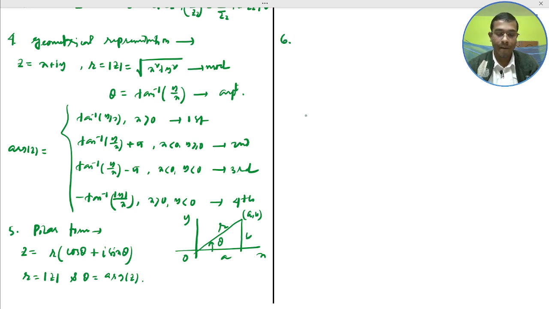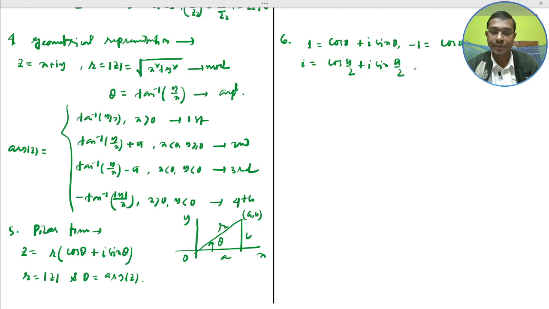So for 1, we just write cos 0 plus i sin 0, and for minus 1, cos pi plus i sin pi, and for i, cos pi by 2 plus i sin pi by 2, and for minus i, that is equal to cos pi by 2 minus i sin pi by 2.